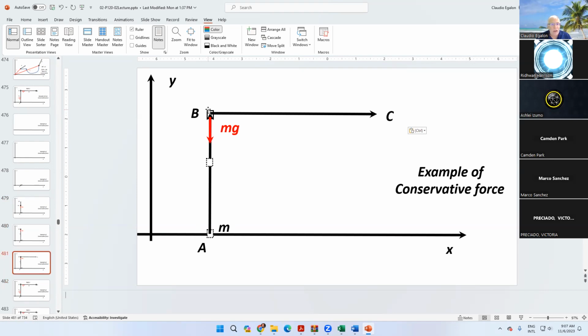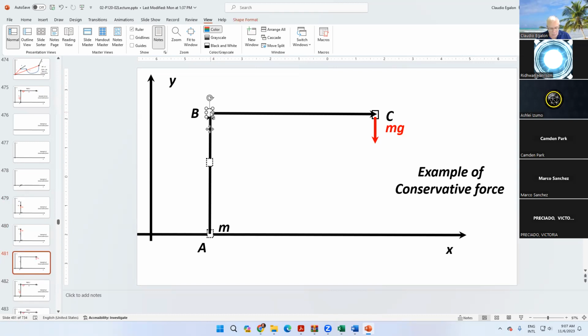And here is the same mass. I'm going to move it to this position. This one, I'm going to put at the position B here.